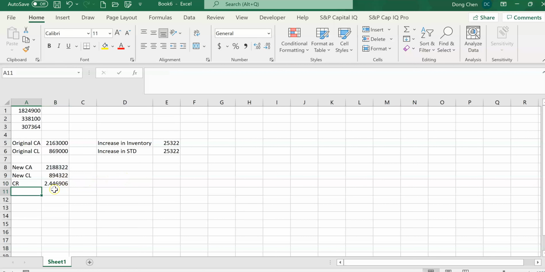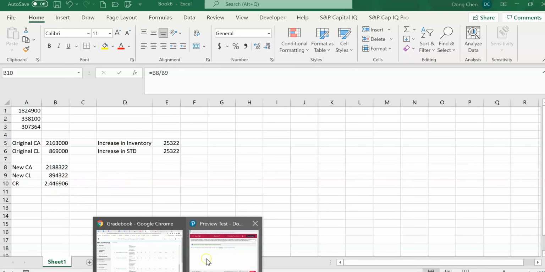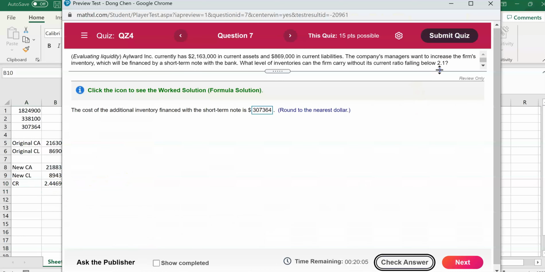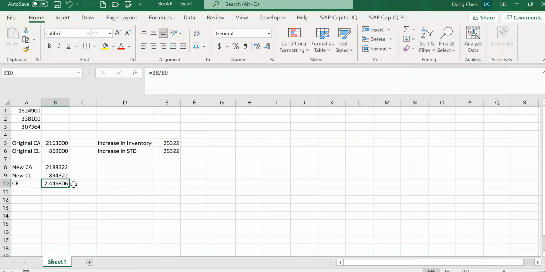Now you can see that this is obviously not equal to our target, because the target is 2.1. By assuming a random inventory level, I'm making this ratio 2.45.